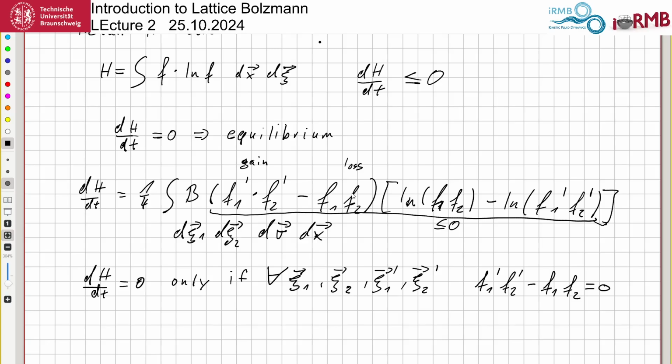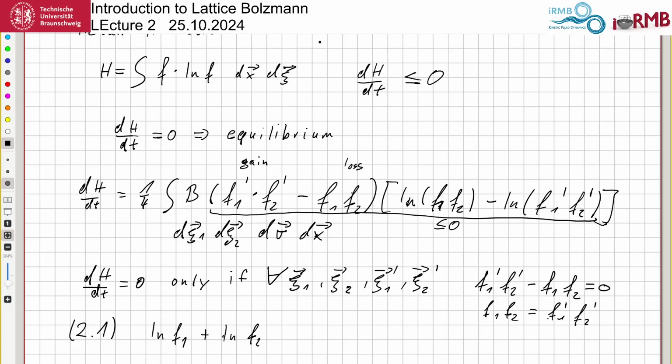And this can of course be rewritten in equation 2.1. So we have here products of two distribution functions, and what we do is we take the logarithm of both of them. So the logarithm of f1, I'll briefly write it like this, just to make sure it's clear what we are doing.